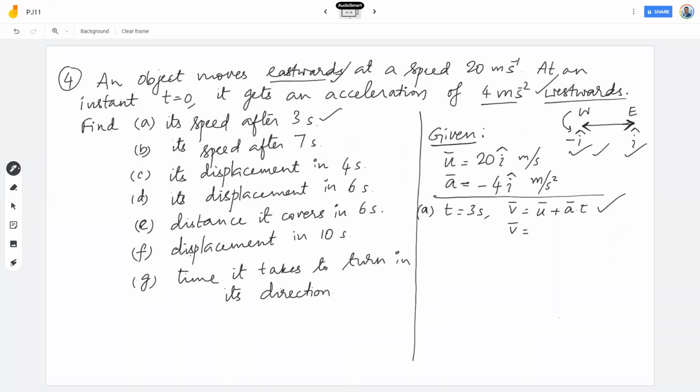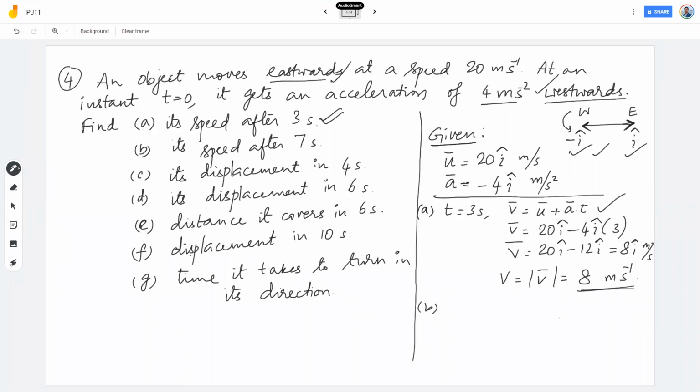So V bar equal to, what is U bar? 20 I cap. What is A bar? Minus 4 I cap into T. T is equal to 3. So what do you get? 20 I cap minus 12 I cap, which is equal to 8 I cap meters per second. This is actually the final velocity. But they're asking you to find speed. So what is speed? V is equal to magnitude of velocity, which is equal to 8 meters per second. So this is what you answer for the first question.